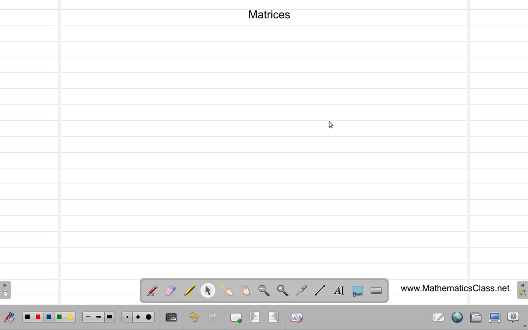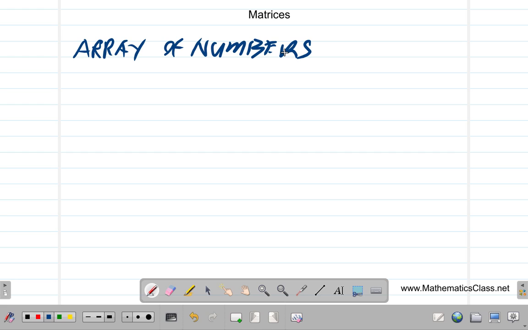What is a matrix? Well, a matrix is really an array of numbers. Here now, we're going to look at an example.